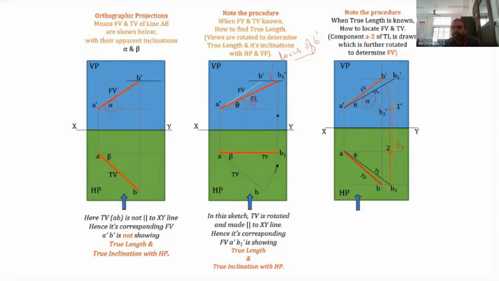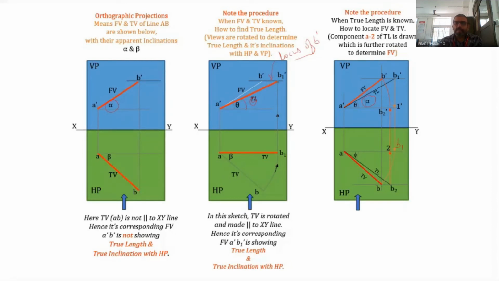The point of intersection of this arc with this horizontal line gives you the point B. So join AB in order to get the top view.